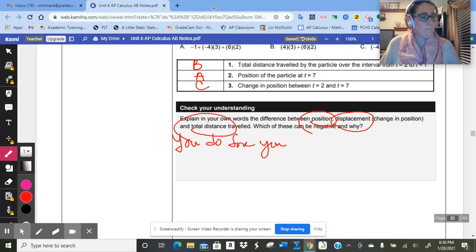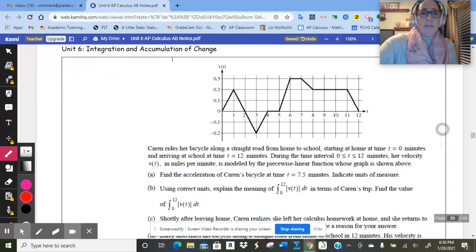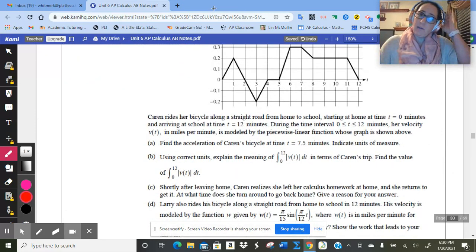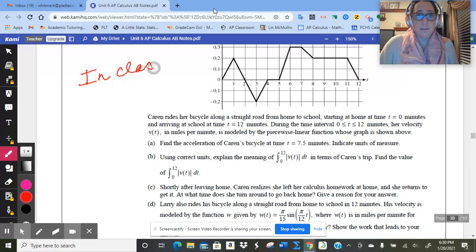Okay. And then I know that we have 3 different AP problems, but I want to do all 3 of these together in class. Okay? Because I really want to make sure that when we get to these tougher ones, that you can ask me those questions because they're very conceptual.